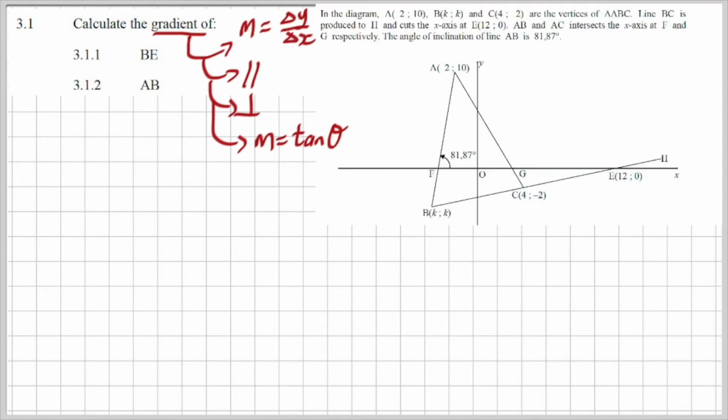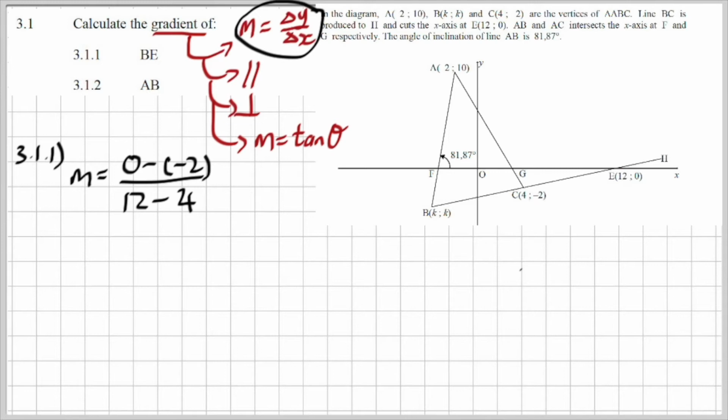So when I look at the information and they're asking me for BE, I'm going to think, you know what, I don't have B, but I do have C and E. So I'm going to think of change in y over change in x. So that is going to be my gradient. (0 minus -2) over (12 minus 4), which gives me a gradient of 1/4.